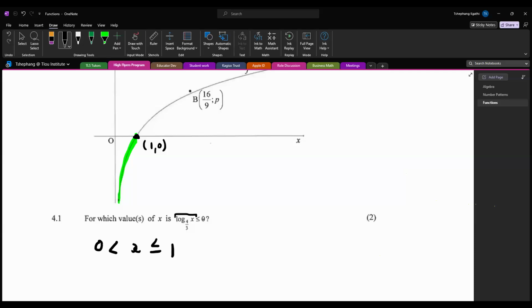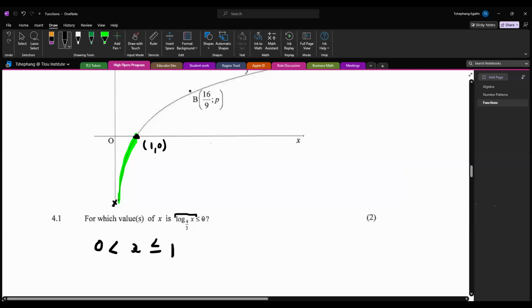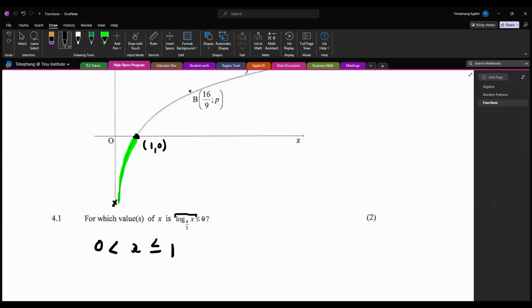Now, how do we represent that region? Remember, the graph doesn't ever touch the y-axis, but it will get very, very close to the y-axis. We know it's very, very close to the y-axis at 0.